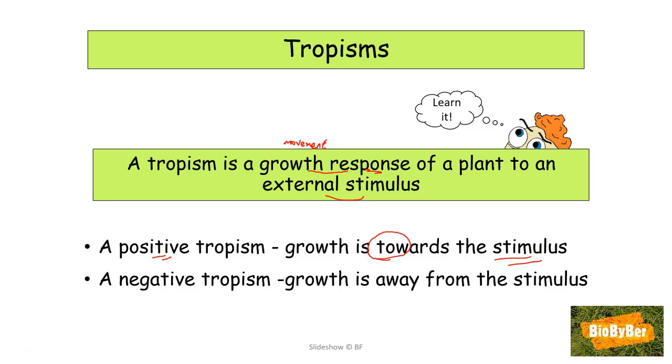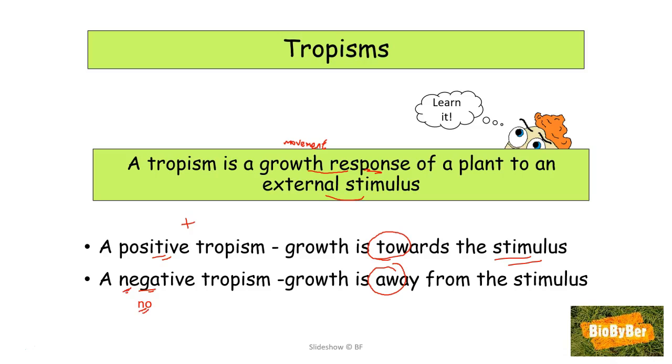So for example, the stem will grow towards light. This is a positive reaction. It is a positive phototropism, if you like, in favour of the stimulus. A negative tropism then obviously is growth away from the stimulus. You can see there, N for negative, and if you are negative, you're usually against something or your answer is no. N for no, N for negative.